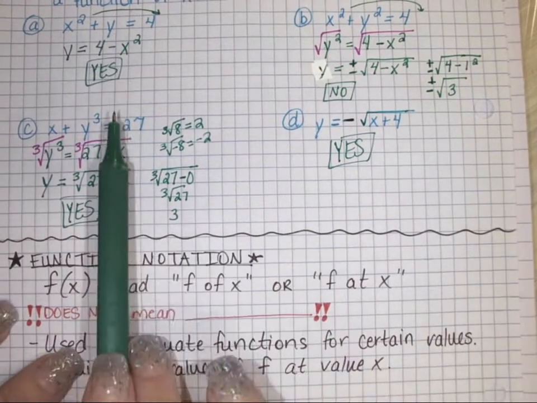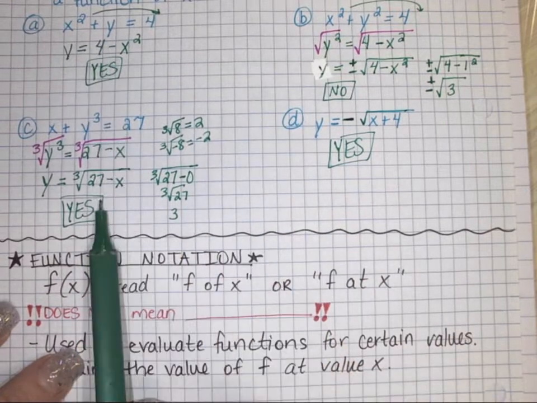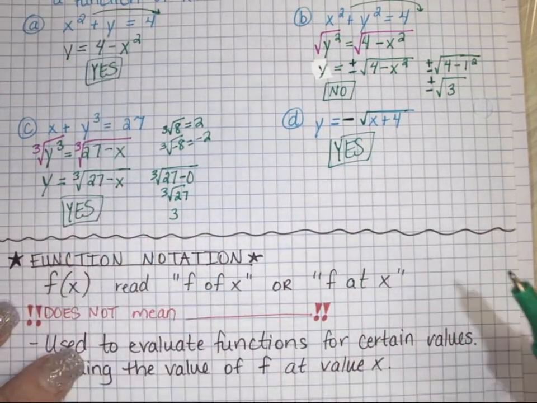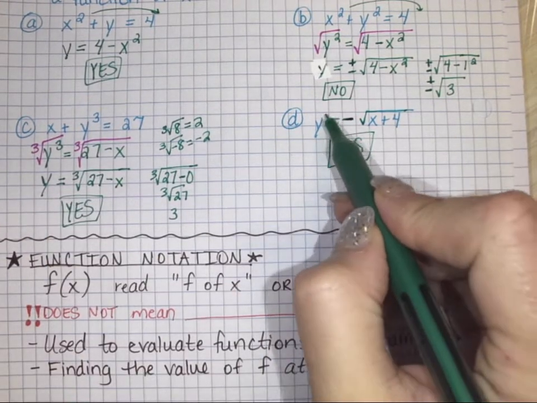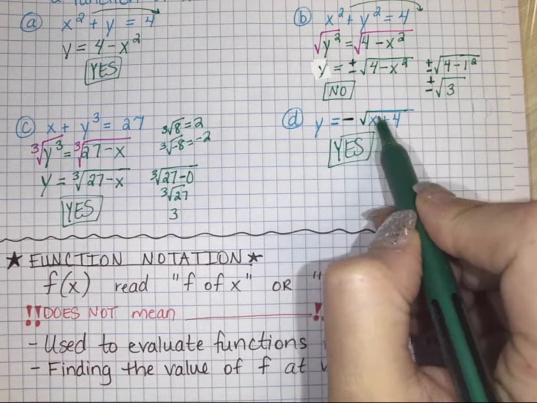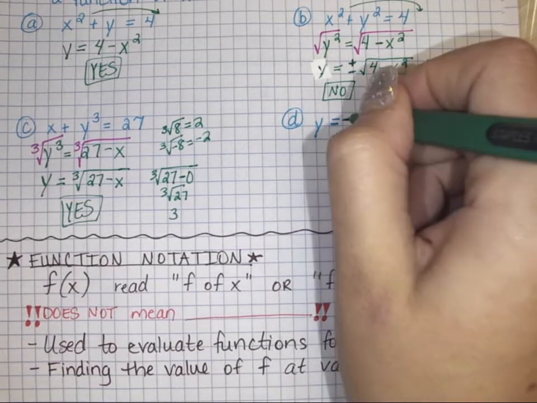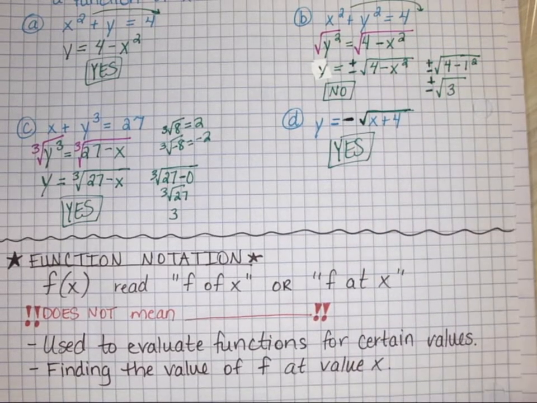Notice in all of the functions that were yes, y had an odd power. In this case, y has an odd power, but you have to be careful here. This is actually an even root, but with them only taking the negative part, it's yes.